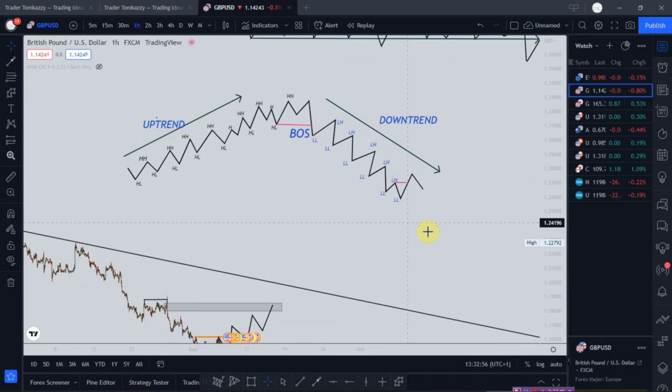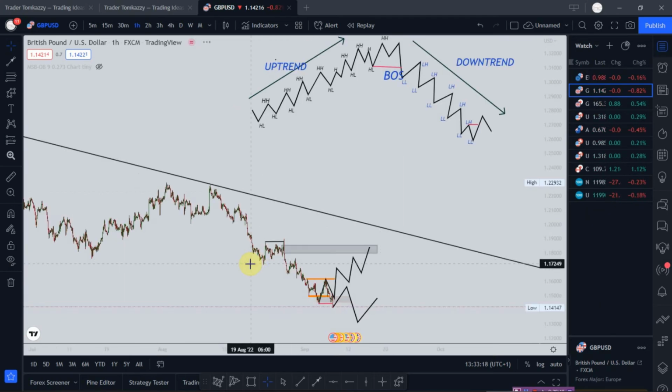Okay, so as we can see, it is very clear now. It's like I never explained here. So when this breaks, to come and retest here, and then start forming what? Higher highs and higher lows, or start consolidating here. Anything could happen.